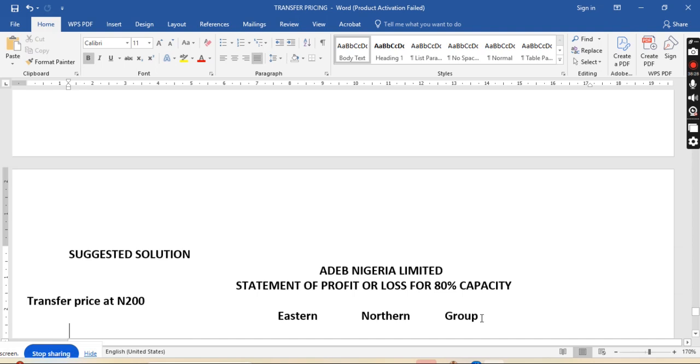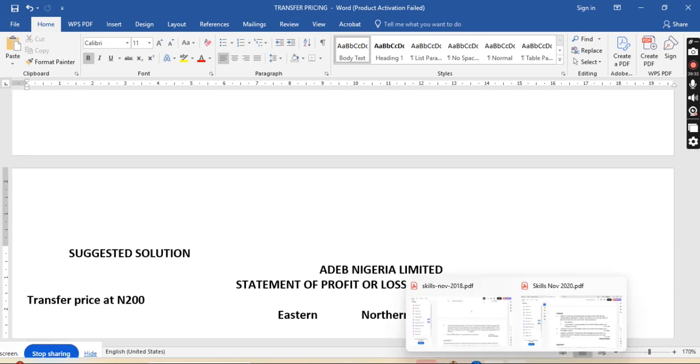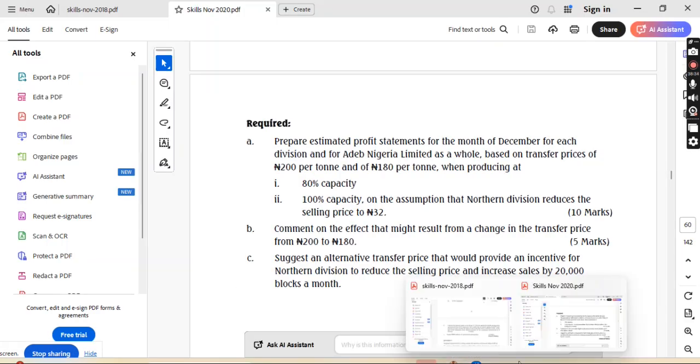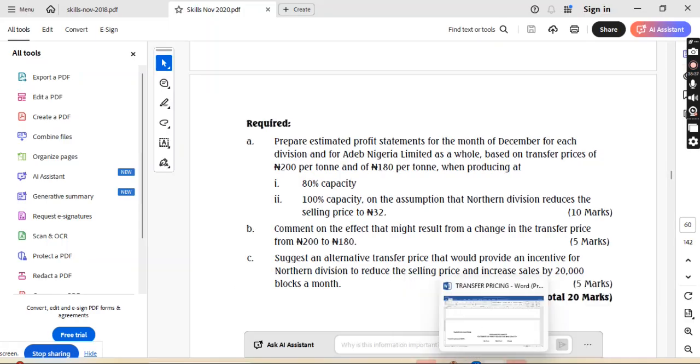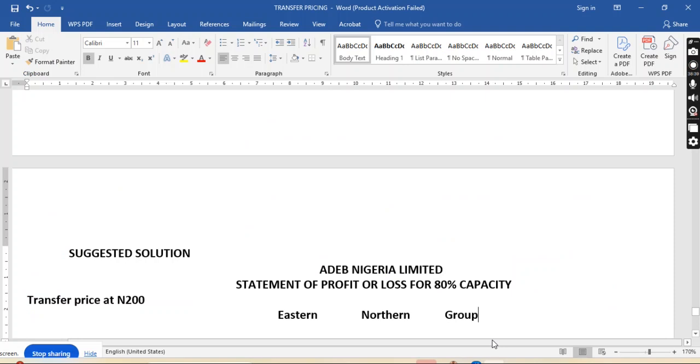Okay. Is the figure in million? I need to confirm. When I'm done with the transfer price of 200 naira per ton, I will equally do the other one, or let me just do it all together.